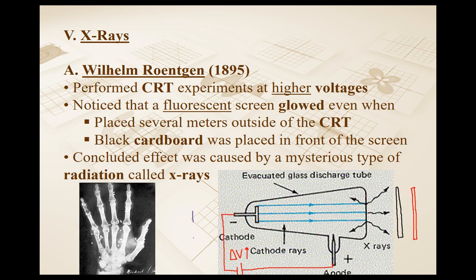Let's just use this purple thing right here as the screen, and we'll say this screen is what I'm going to call a photographic plate. Okay, and this photographic plate is white.